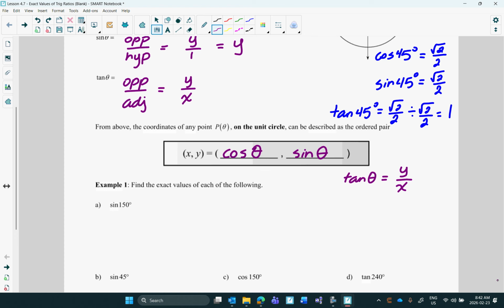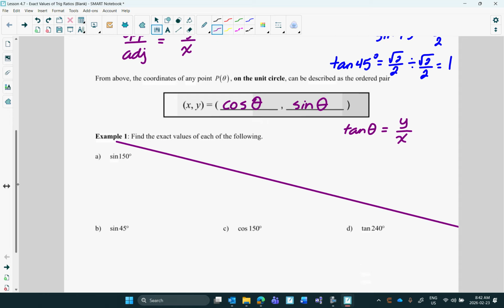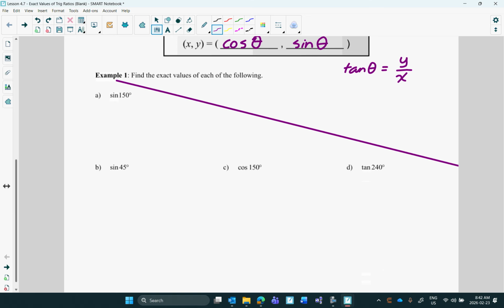So let's look at some examples. Let's say you were asked to find the sine of 150 degrees.